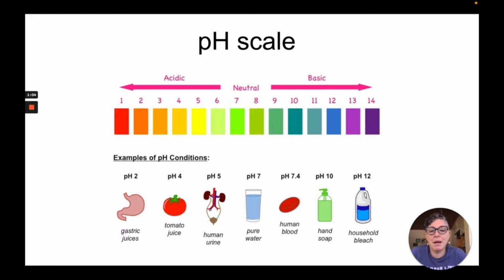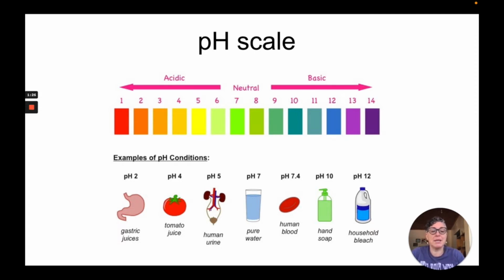And so some examples of pH are listed here. In your stomach, we have hydrochloric acid that measures at around a pH of 2. Something like tomato juice is a pH of 4. Human urine is fairly neutral because it's mostly water, but there are some things in there that will make it slightly acidic. Pure water is a pH of 7.